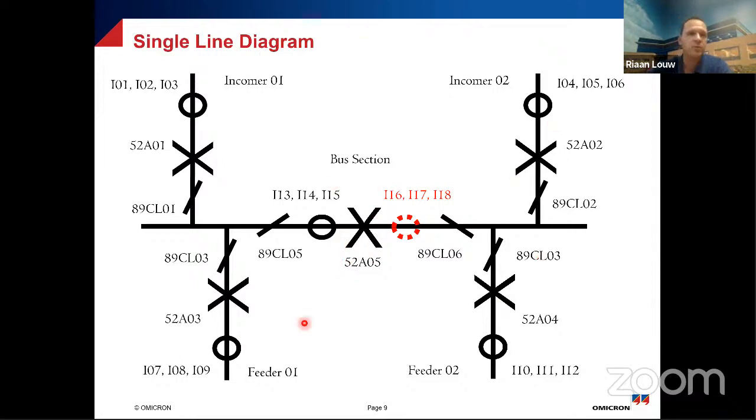Why is this a problem with a single CT? Well, simply, if you consider the setup that we have here, if I have a fault on this side, it's obviously a zone 1 fault. And if I have a fault here, it's a zone 2 fault. The problem comes in when I have a fault between the breaker and the CT. This is a challenge because I'm using a single CT, so I can't cross-reference this, which means if this breaker opens and the fault was here, I would still be feeding that fault from zone 1.